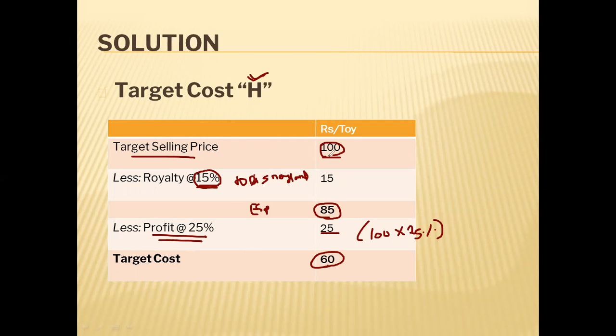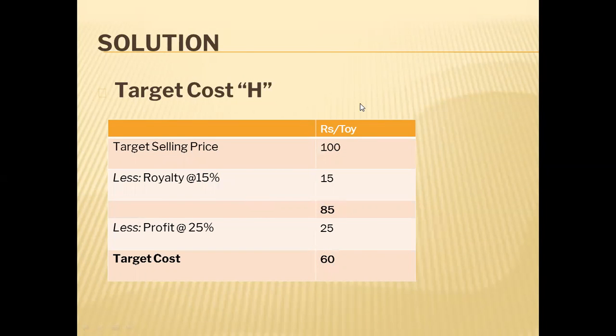Desired profit is 25% on the selling price, which is 25, and target cost is 60. Now let us see whether actual cost is within 60, or more than 60, or less than 60. Let us calculate the actual cost.